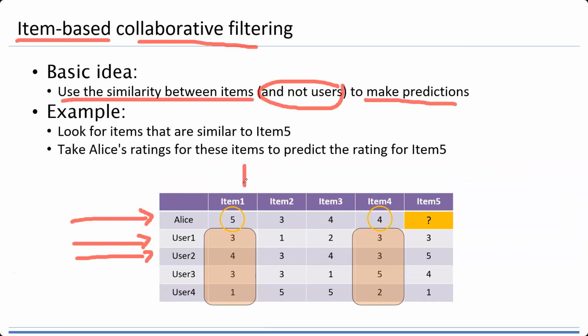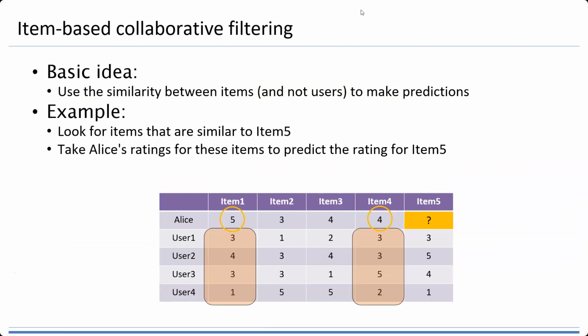So I want to know item 2, item 3, item 4, item 5, and then let's say I want to predict the rating of Alice for item 5. So I need to know what are the items that are similar to item 5. Let's say maybe this is coffee. So I can try to find the items that have similar ratings to coffee.